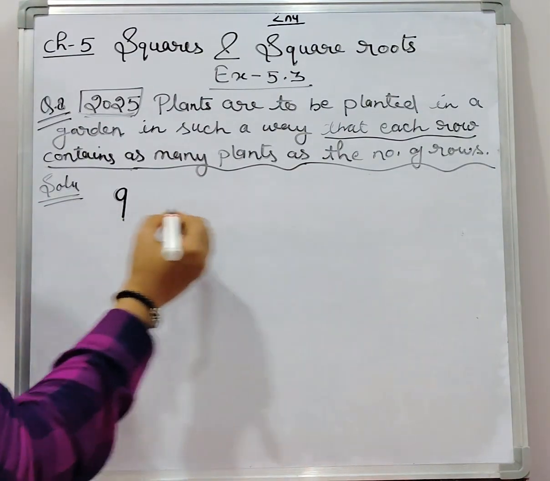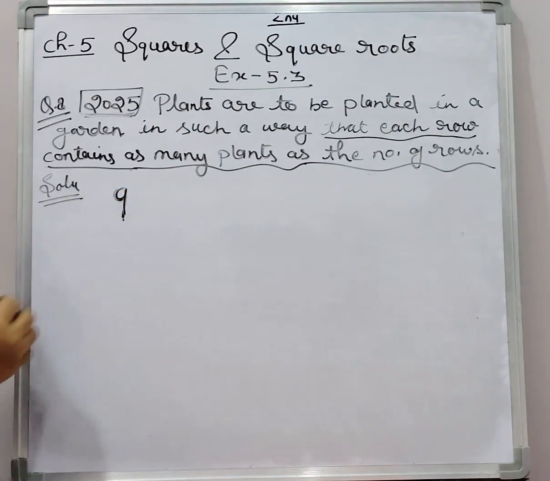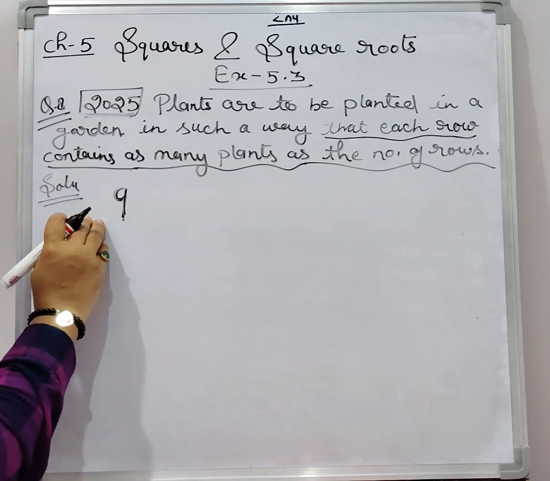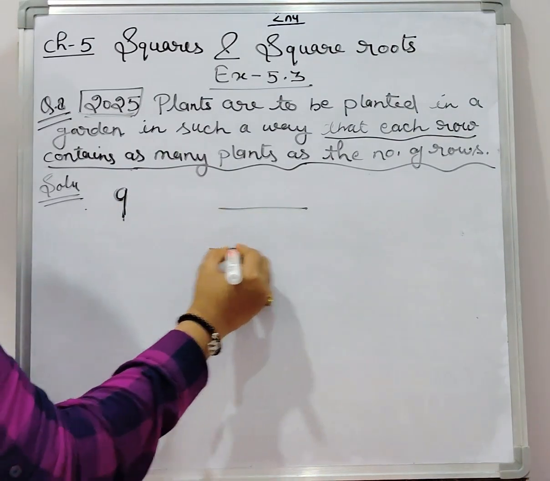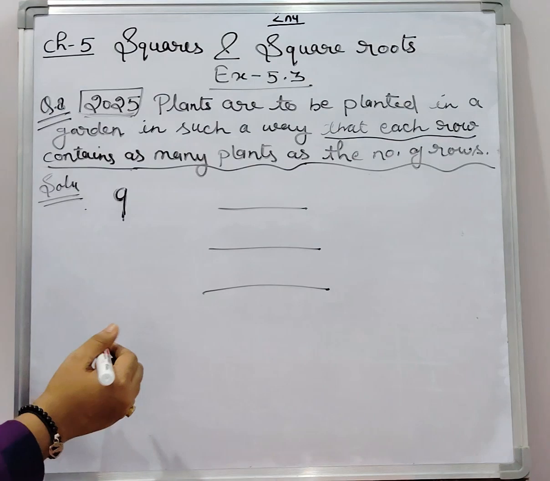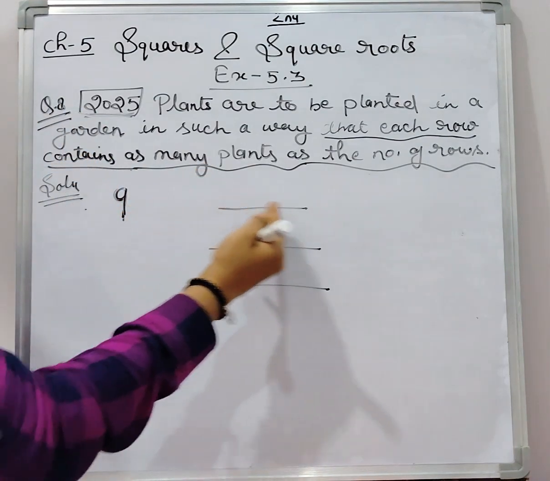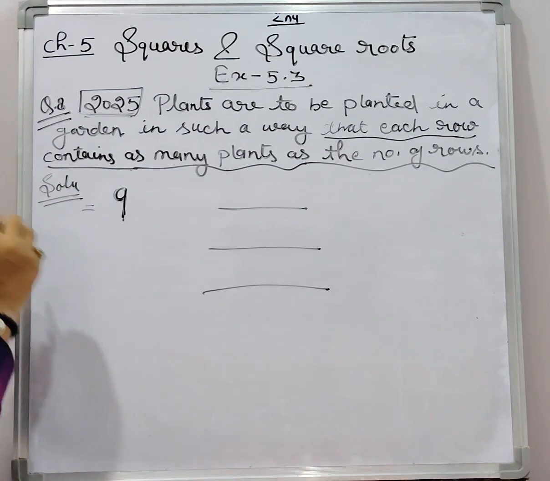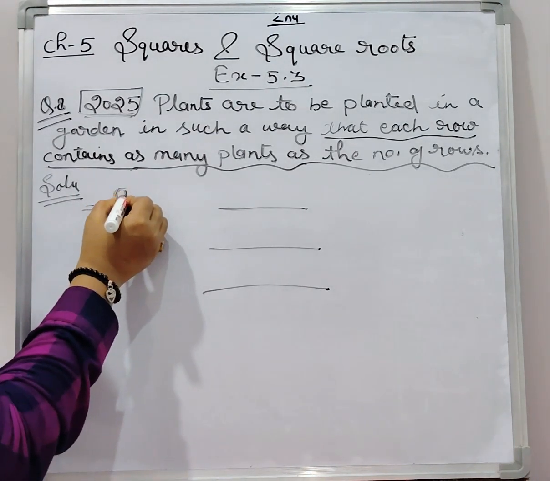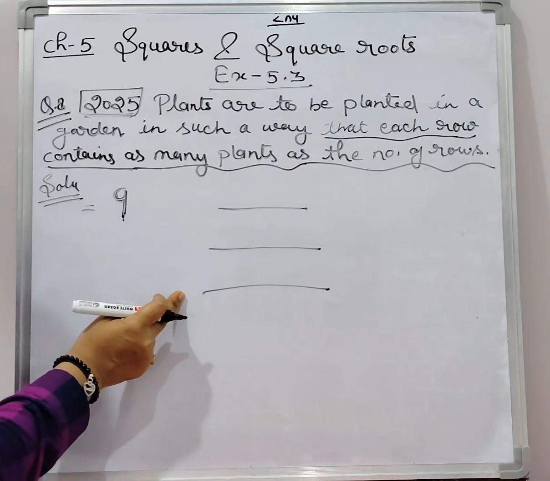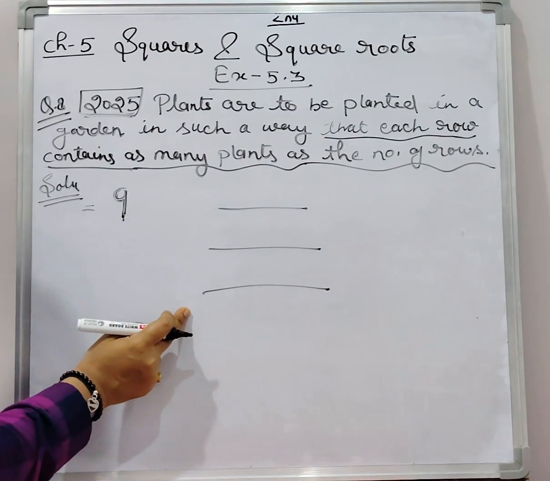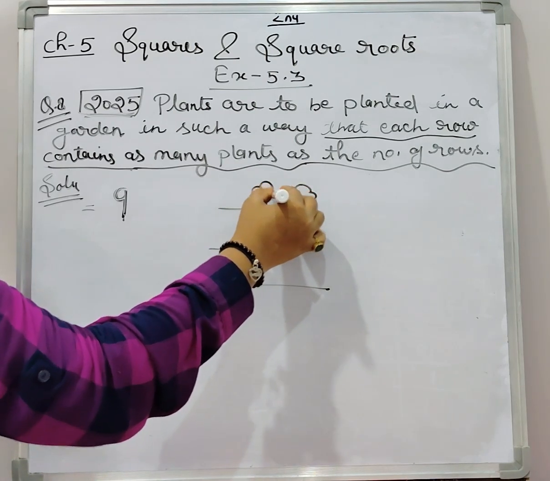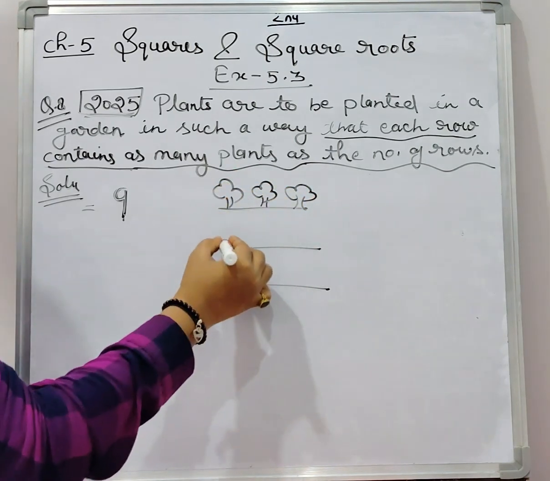It means you have to take such rows that the number of rows equals the number of plants in each row. So how can we calculate? If we take 3 rows, there are 3 plants in each row.